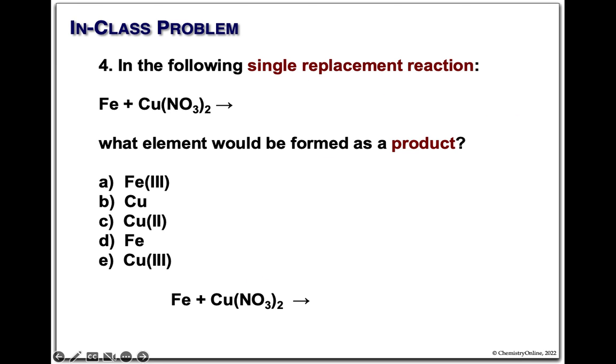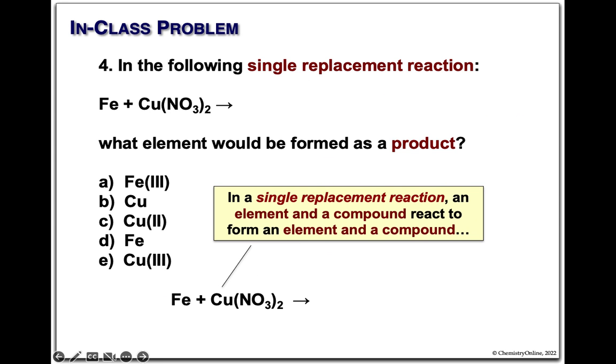What's going to happen is the element will pair with the anion and produce the metal here as the element. Single replacement: an element and a compound form an element and a compound. Copper is going to be our element, and iron(II) nitrate will be the compound.